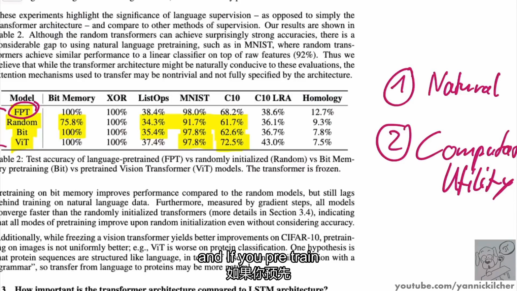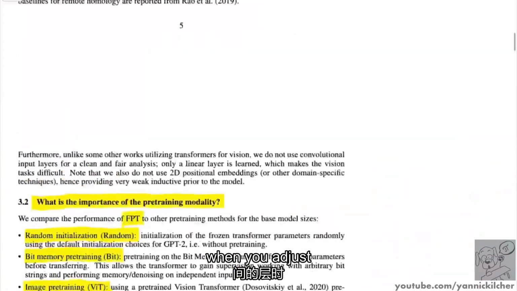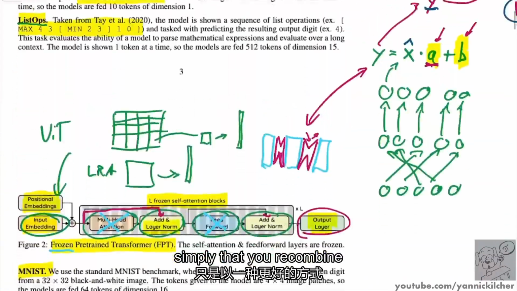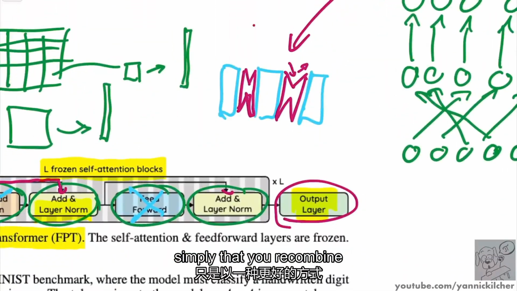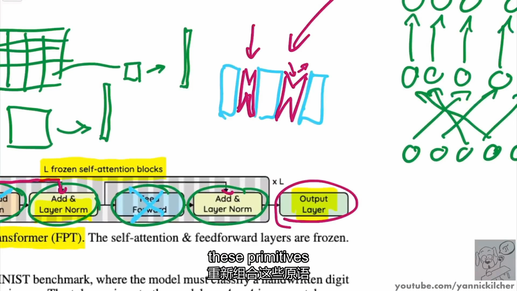If you pre-train on a task, the harder the task is, the more of these primitives need to be encoded. And what you do when you adjust the layers in between is simply that you recombine these primitives in a better way. But all of the computational primitives are already there.